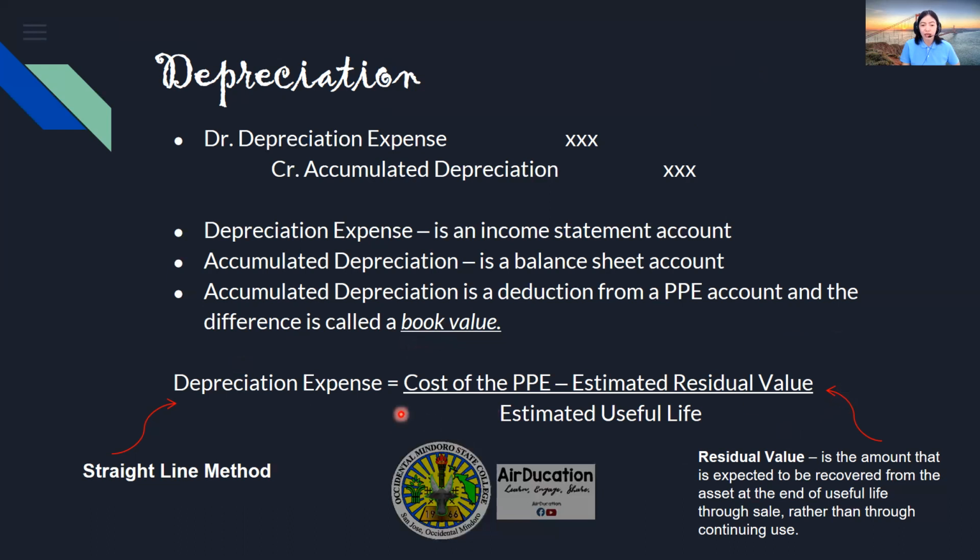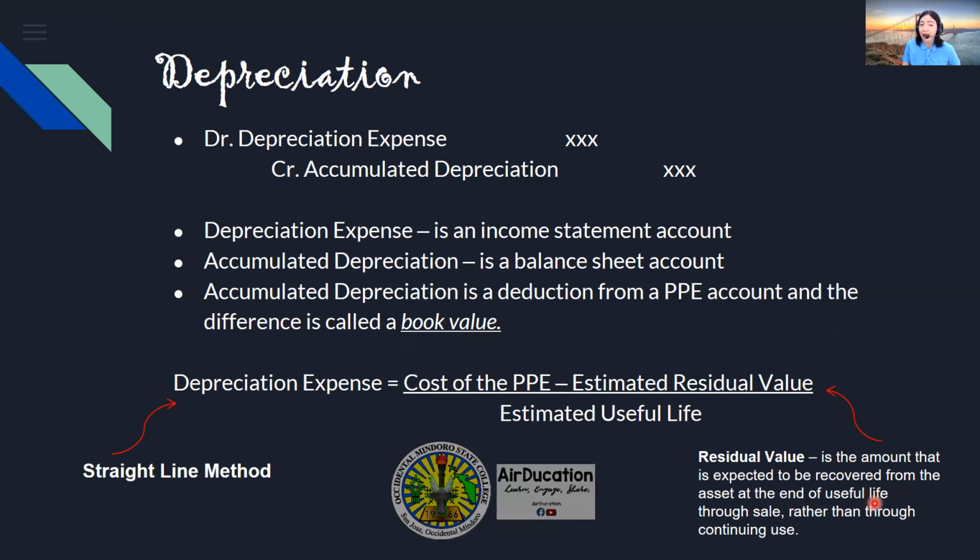Okay? So now, this is the formula in computing the depreciation expense. Of course, the cost of the PPE, magkano ba si PPE? That is the 100,000 pesos, the refrigerator. Less the estimated residual value. So when we say residual value, it is the amount that is expected to be recovered from the asset at the end of useful life.